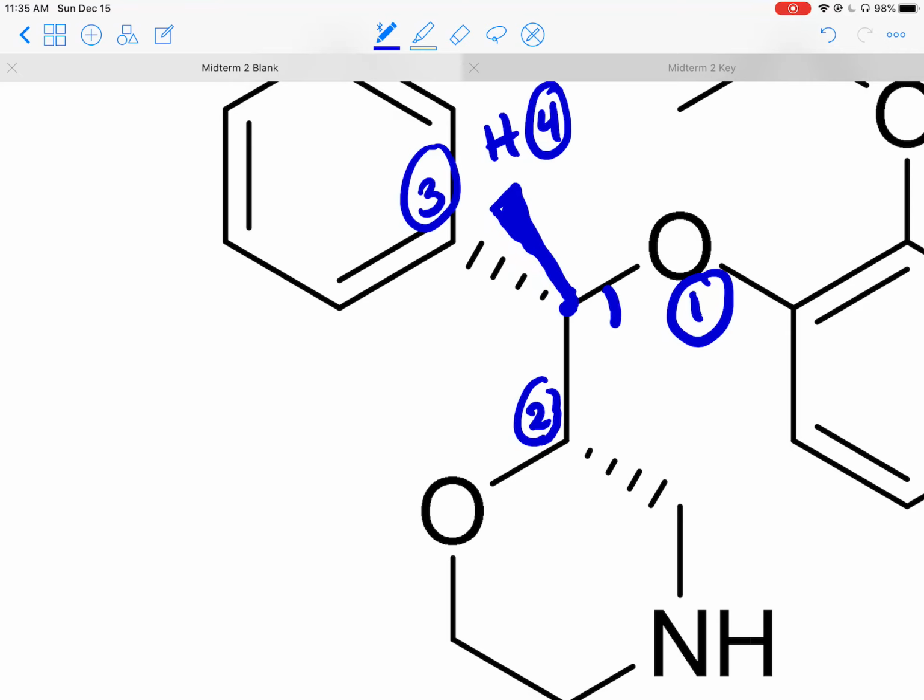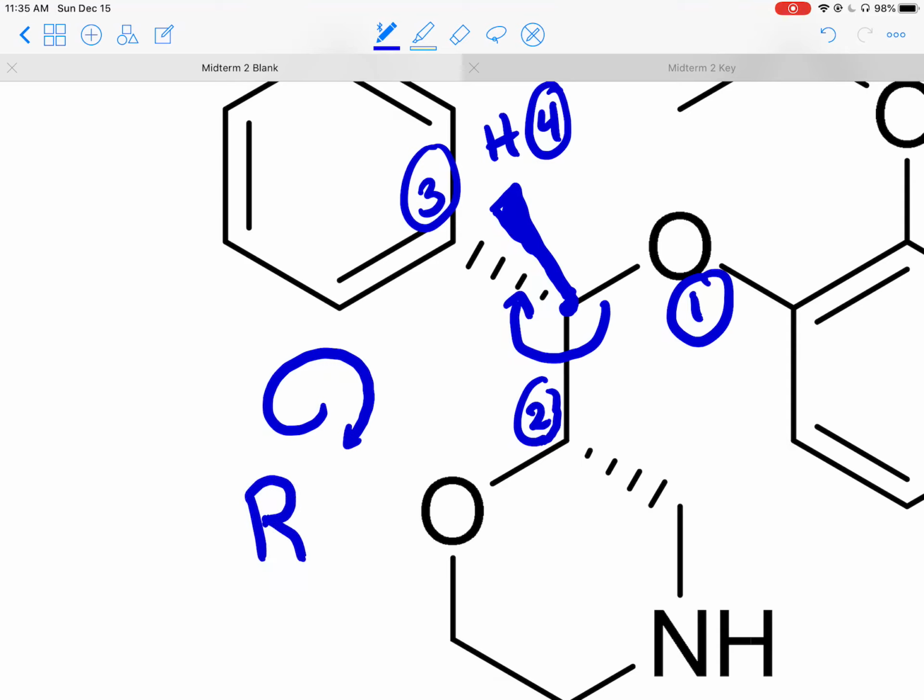Let's just draw that curve from 1 to 3. So if we draw, that's like an R, right? There's this curve here. That's like the R curve.